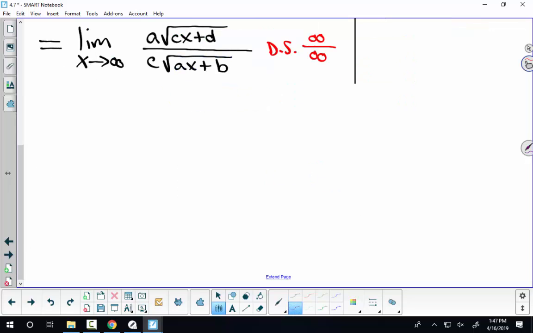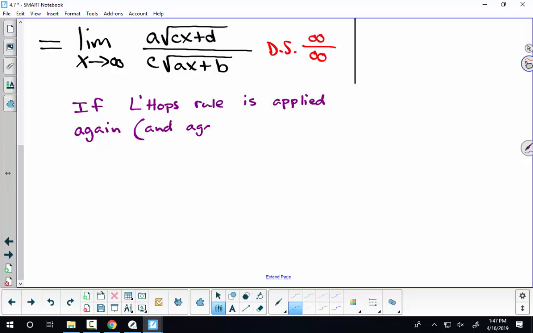I'll just make that note. If L'Hopital's rule is applied again and again, etc., we still end up with a limit that's infinity over infinity.